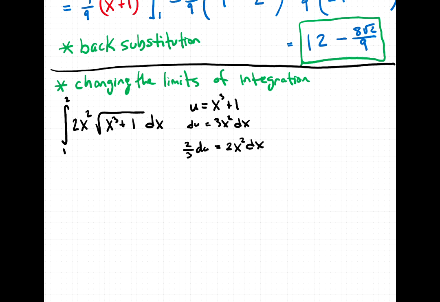Remember, these limits of integration are x values, and we're using this change of variable substitution to go from x to u, and the whole purpose is to simplify the integrand.